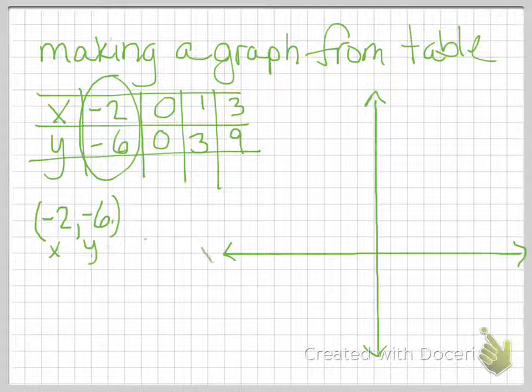So this is my X, and this is my Y. A lot of times they're labeled for you, but if they're not, you're going to have to think of a way to remember which is which, because that's usually what people get messed up on. I always think I exit left or right, and so my X goes left and right. Some people remember it that the Y is the long letter, so it's the up and down because it's more of a vertical letter. Remember it whatever way works for you.